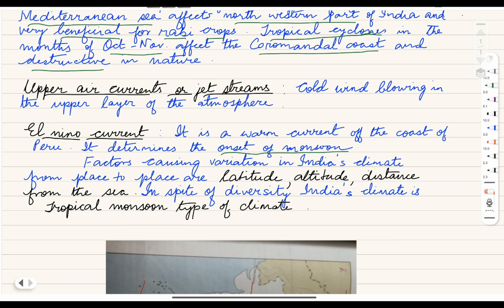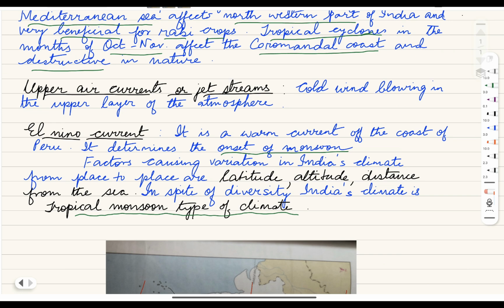So these are the different factors that cause variation in India's climate from place to place, and mainly you can stress on the factors latitude, altitude, distance from the sea. In spite of diversity, India's climate is tropical monsoon type of climate.